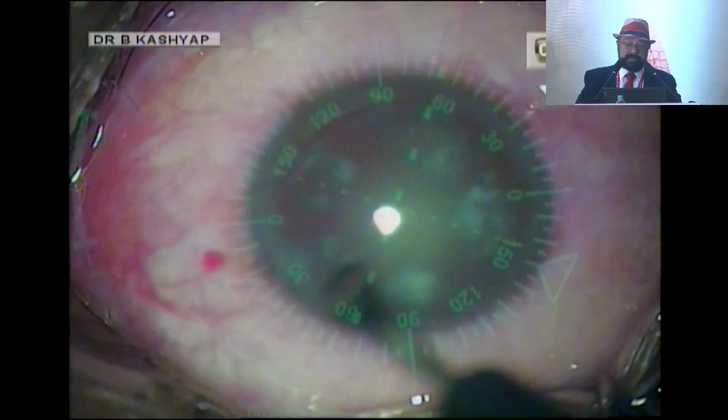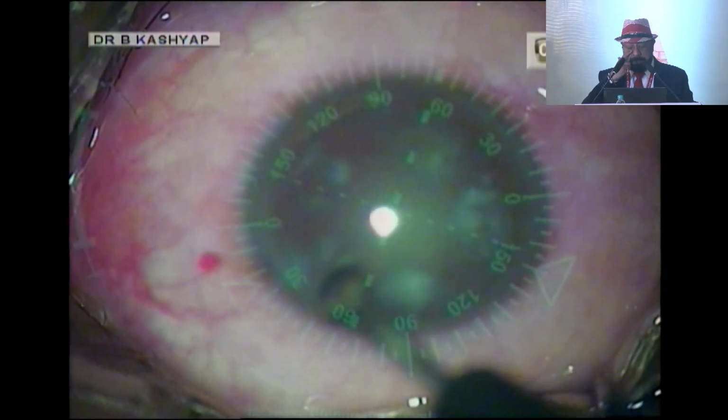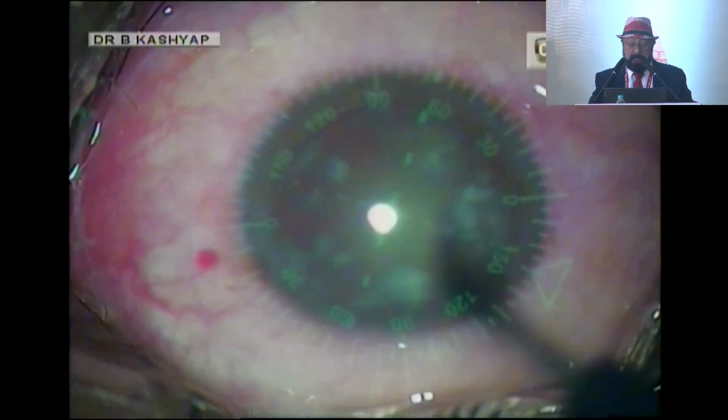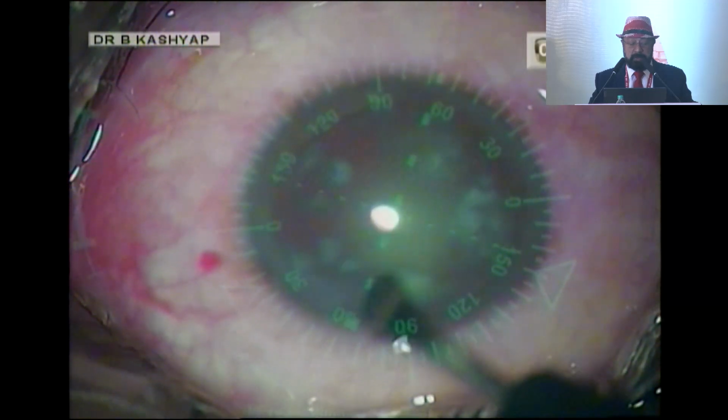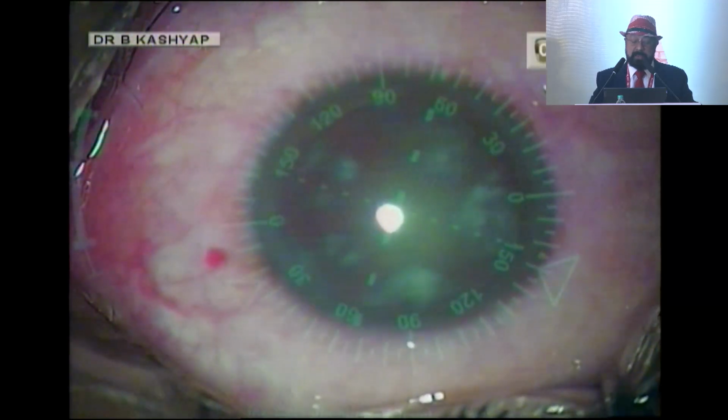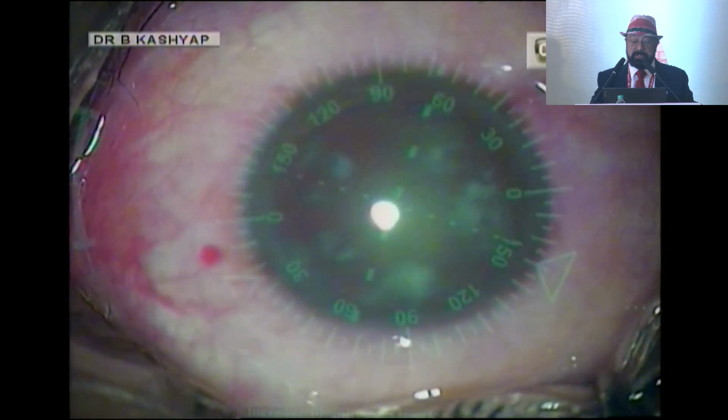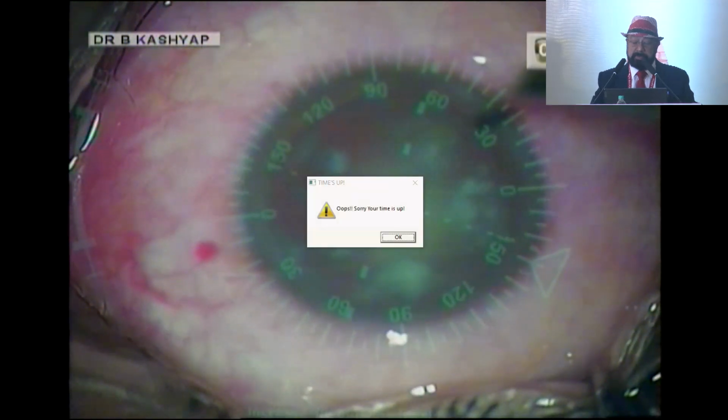In manual incision, first of all we are marking the arc, from this degree to this degree, and on the other side also, beyond 30 degrees.